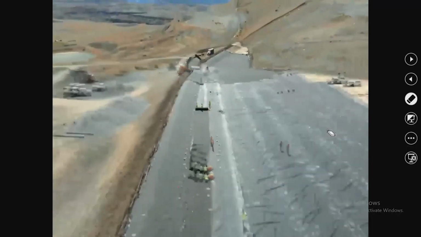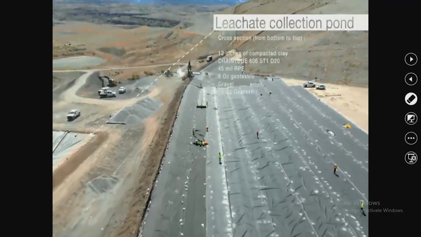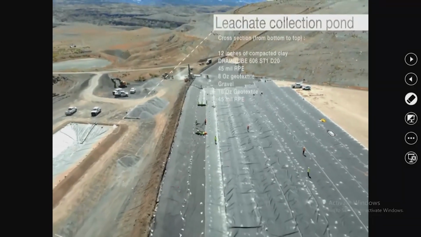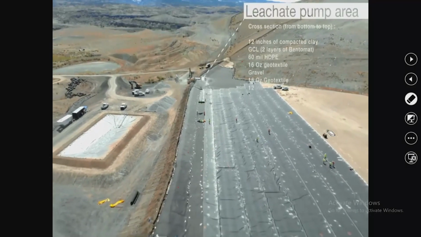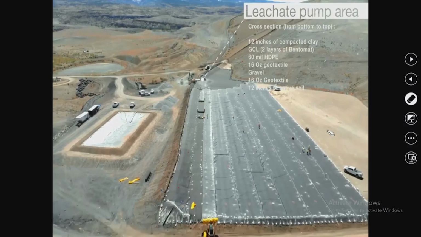And now this is the leachate collection pond finally from this landfill area.